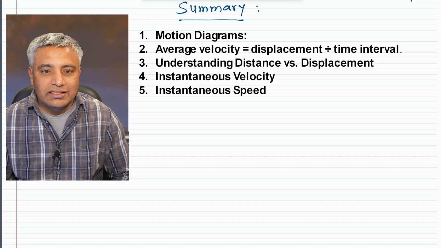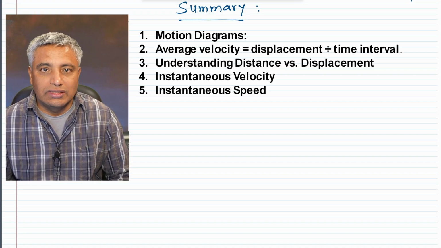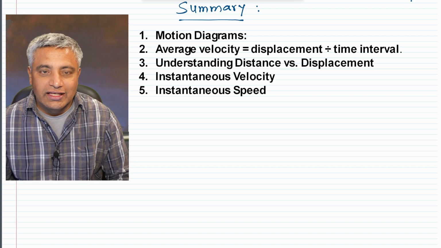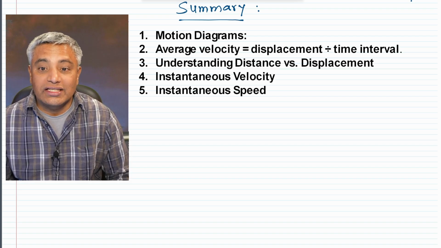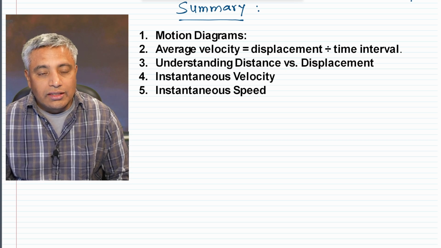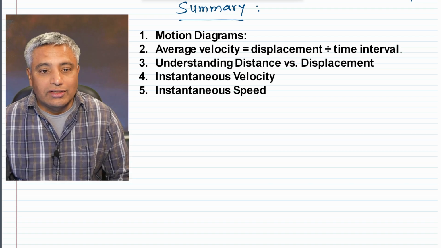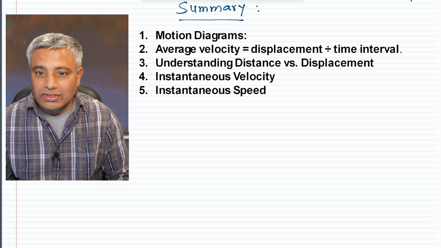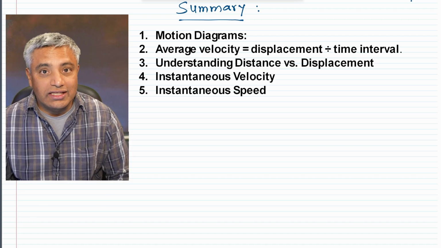Now let's summarize what we just learned. We learned about the motion diagram, and that a motion diagram shows an object's position at time intervals using dots for the positions. Connecting the dots with arrows shows the displacement, and those arrows are proportional to the average velocity.